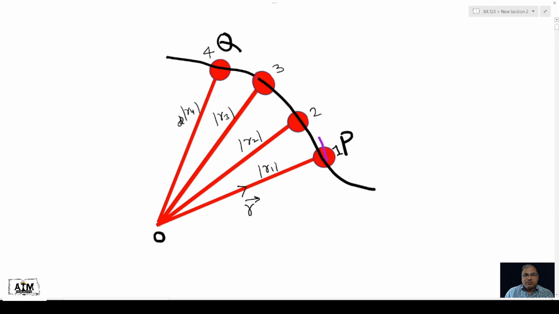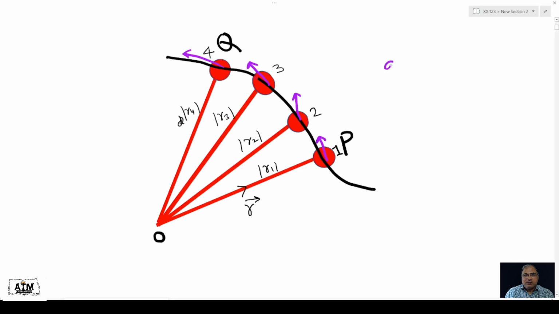So at position 1, the particle is directed one way, and at position 2, position 3, and position 4, every time the direction of the particle is changing. So on one side, the magnitude of vector R is changing, and on the other side, the direction of the particle is changing.